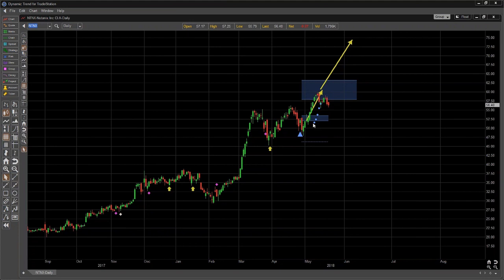So as soon as we get into this target area, we start putting these little dots into place to let you know that as long as we can stay above these dots, we can continue to stay in this trade. If it goes up another 20 or 30 points, that's fantastic. It'll help keep you in that trade a little longer, as opposed to getting out as soon as it breaks into that target area.